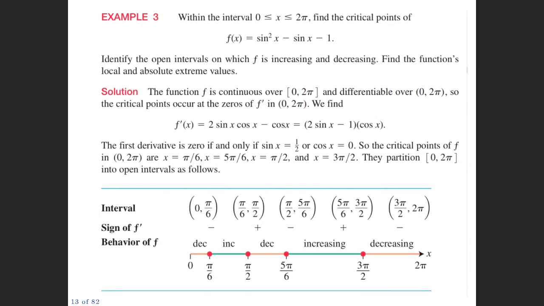In each one of these intervals, we can pick some number and calculate f prime, and then look to see, is it positive or is it negative? Here, the function goes negative, positive, negative, positive, negative. So that's decreasing, then increasing, then decreasing, then increasing, then decreasing.